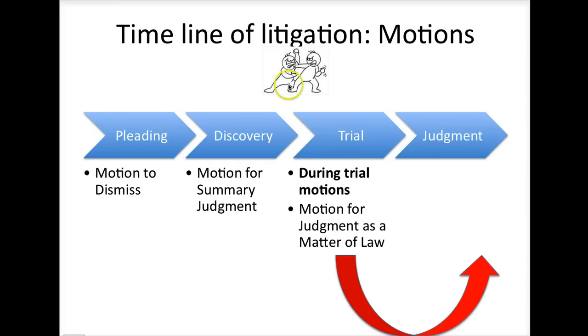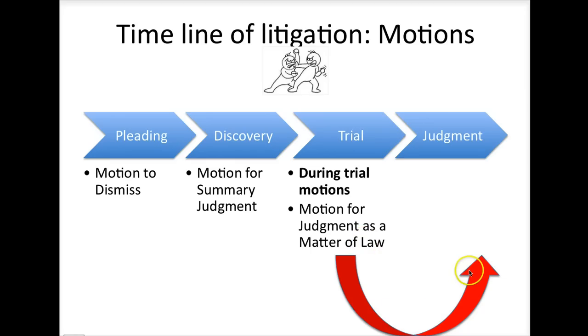No reasonable jury could find for the plaintiff, so therefore there's no need for a verdict, there's no need to ask the jury. Equally, the plaintiff could make a motion saying, given my evidence and all the evidence defendant has put in, I'm entitled to judgment as a matter of law because no reasonable jury could find for the defendant given the evidence that's been put in at trial.